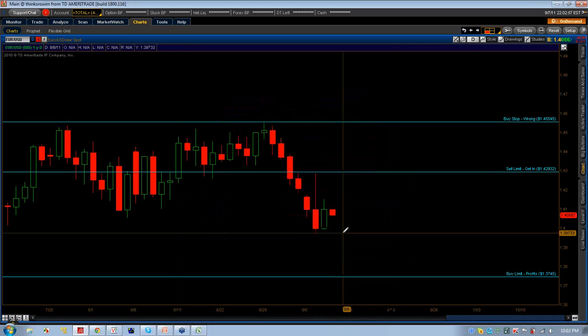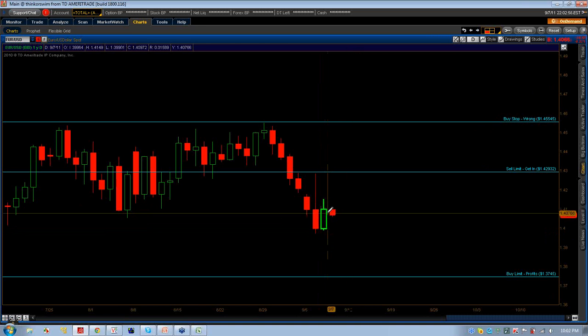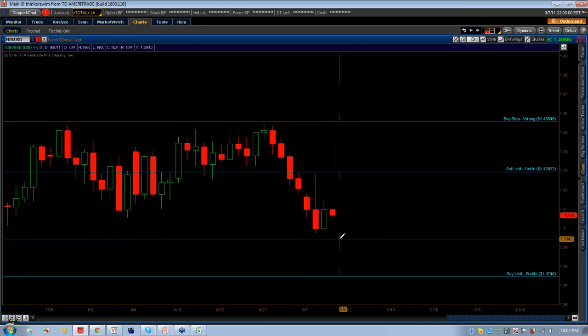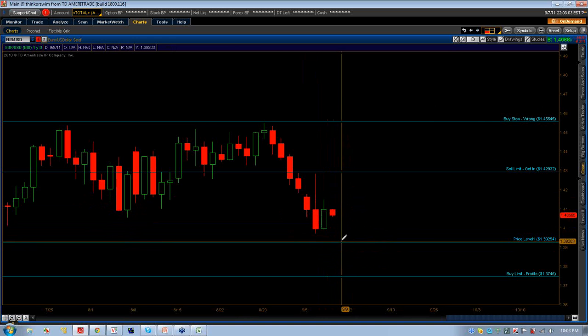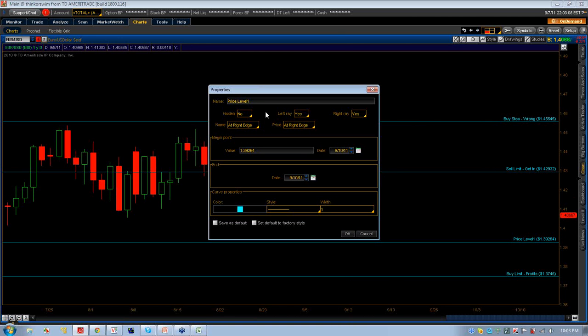Everyone okay with that? Now let's say the train decides to keep on going down, down, down. Let's say you want to sell here, which is trying to get on the train in the direction. Well, guess what? It's called a sell stop.